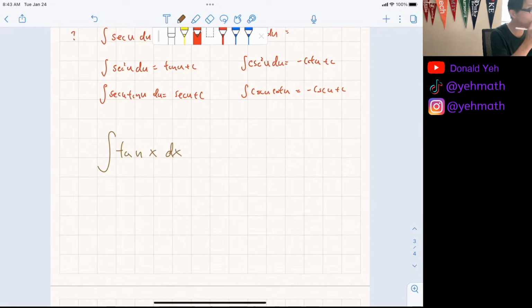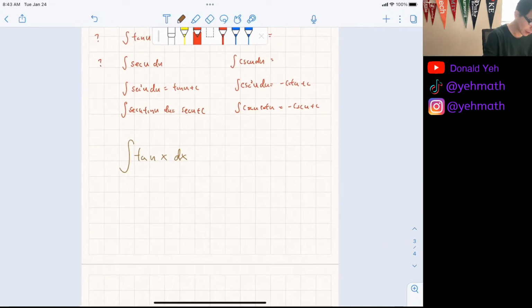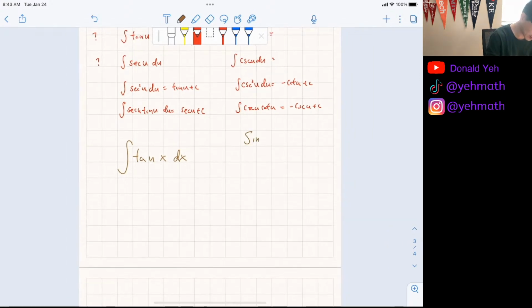By the way, I just want to put in a reminder. A lot of people say the integration of sine of 2x dx, and they just think it's negative cosine of 2x. It's not. Why not? When you divide, it doesn't work.